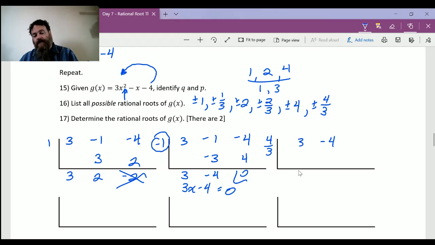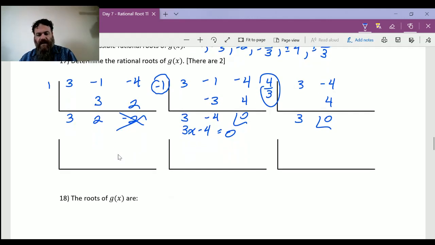Bring down the 3, multiply, that gives you 4, and 0. So that is our other rational root. So the answers here, the roots of g, are -1 and 4/3. Hopefully there's no issue at the moment.